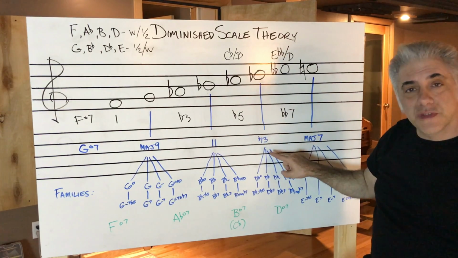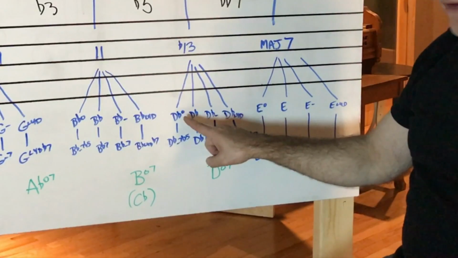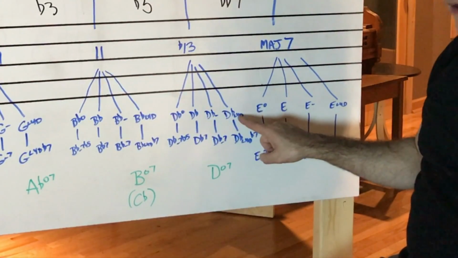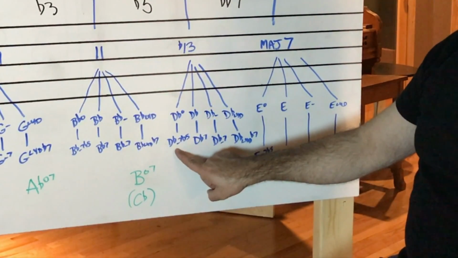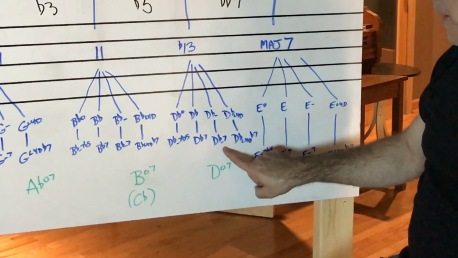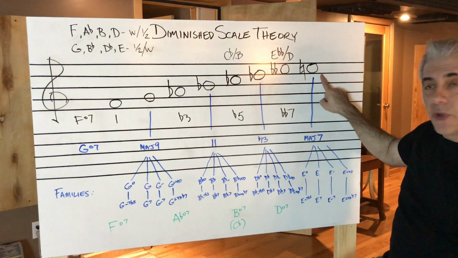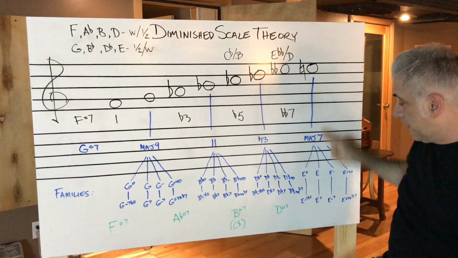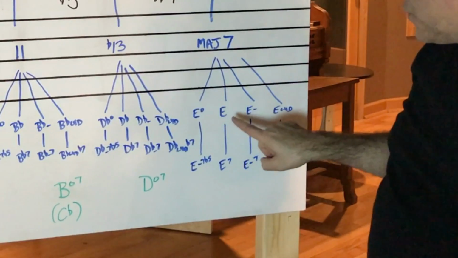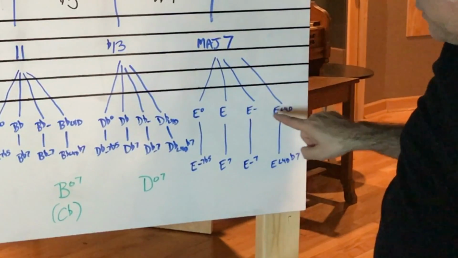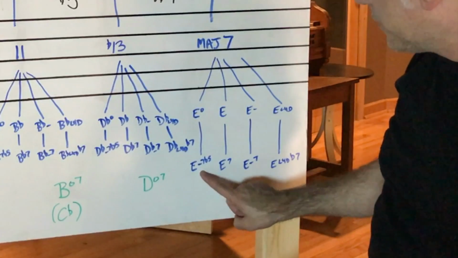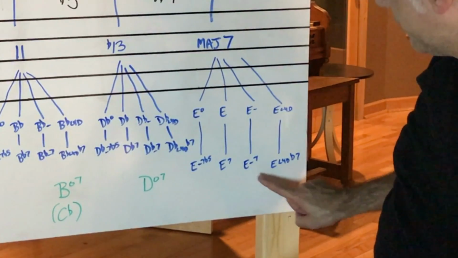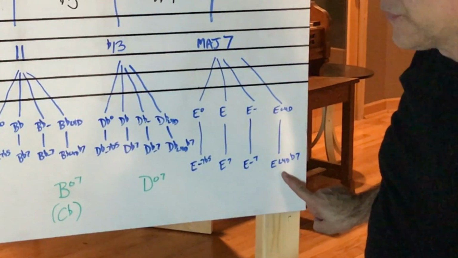Built off the flat 13, we have D flat diminished, D flat major, D flat minor, D flat Lydian, D flat half diminished, D flat 7, D flat minor 7, D flat Lydian flat 7. And then built off the major seventh of the scale is E diminished triad, E major triad, E minor triad, E Lydian triad, E half diminished, E7, E minor 7, and E Lydian flat 7.